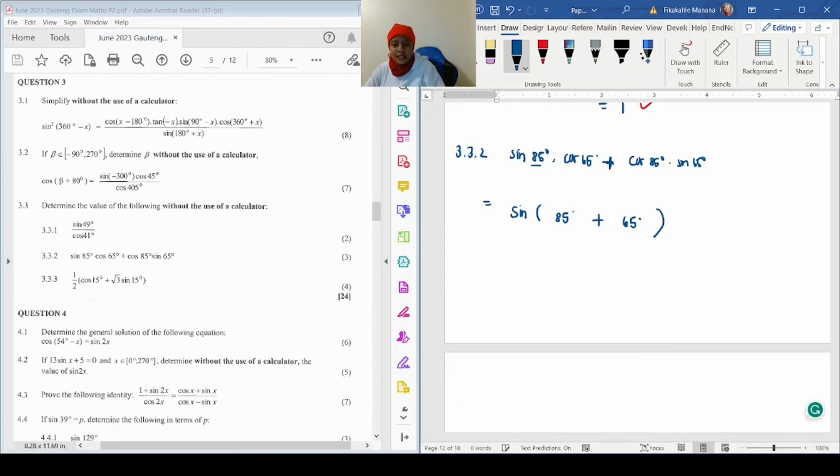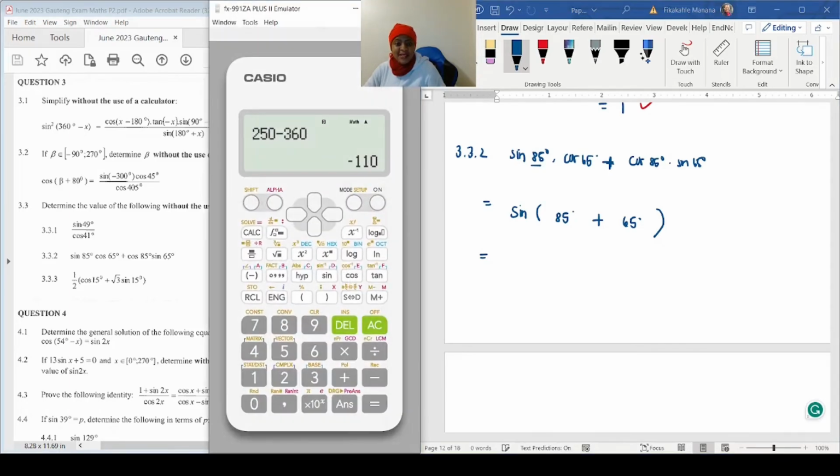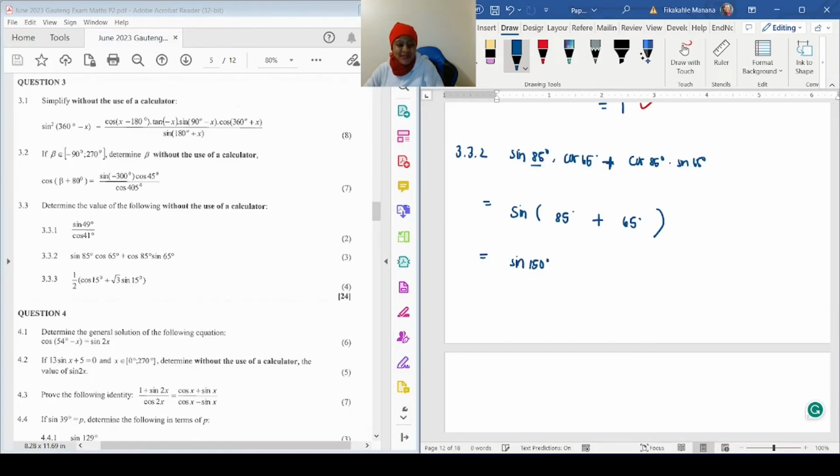All right, which is just basically, I'm going to check on the calculator. So 85 plus 65, that's 150. So that's sine 150. Okay, they said without the use of a calculator, but I get it. You can always check. They don't know. So yeah, that's 150.